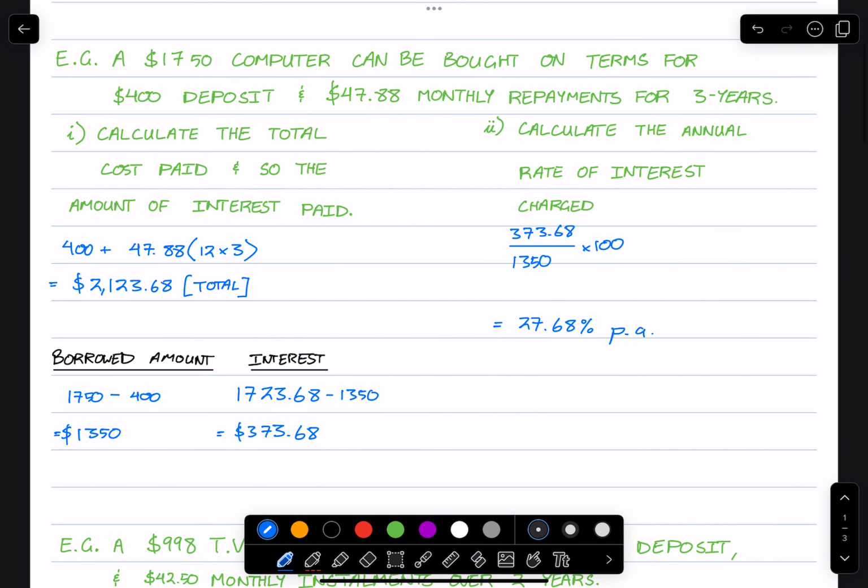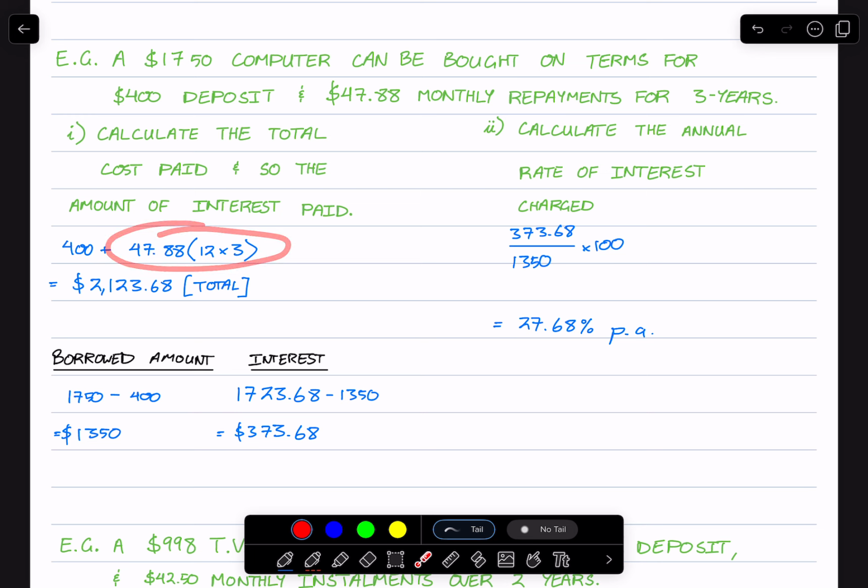So under these terms and conditions, firstly, we paid off $400 and repaid $47.88 every month. So in total, we've paid this. And again, it may seem like the difference between these two is the interest.